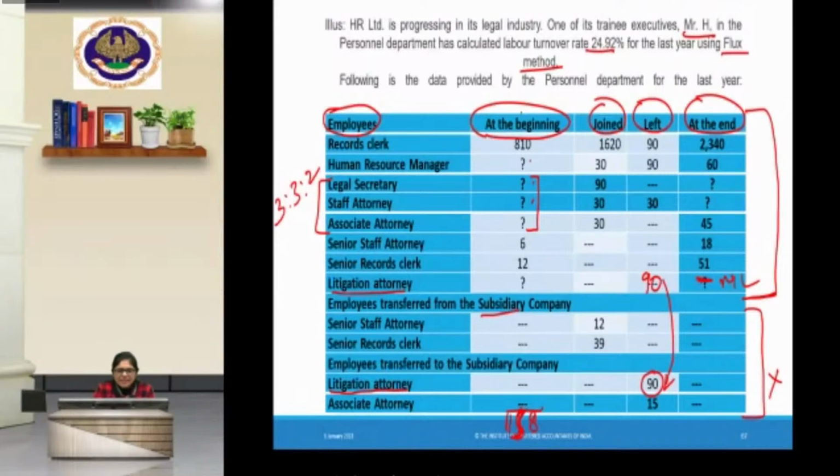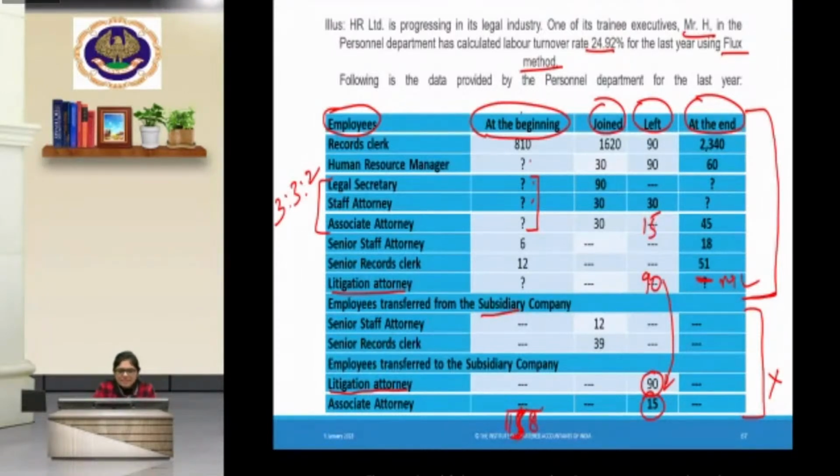Litigation attorneys have been transferred to the subsidiary company, so they must have left the main company. Associate attorneys also have been transferred. They must have left the main company too. So for associate attorney, 15 should have left and they have joined the subsidiary.